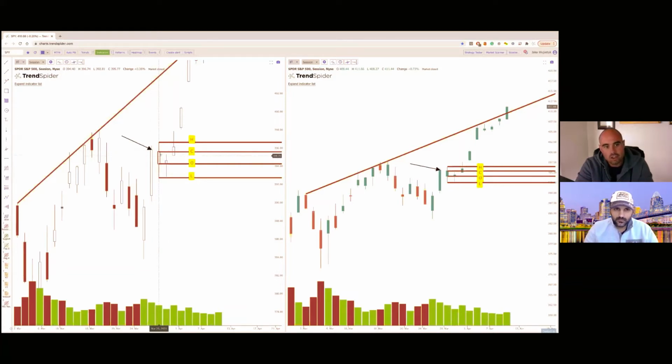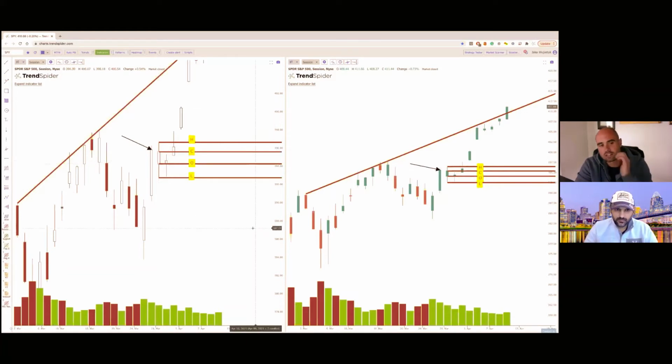So we closed as a red candle because it's lower than this previous close. Now it's a hollow candle, and notice that you either have a red solid candle or a red hollow candle. It's hollow because your open was at 394 and your close was up here at 395.